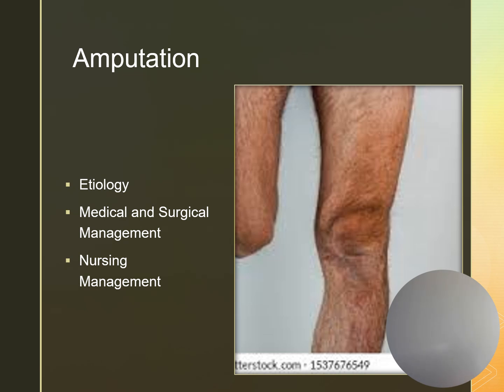So the limb or tissue during an amputation would be removed to the lowest level where there's healthy tissue and good blood supply, and is going to also promote the fitting of a prosthesis. The description of the amputation will be at the level that the limb is amputated.